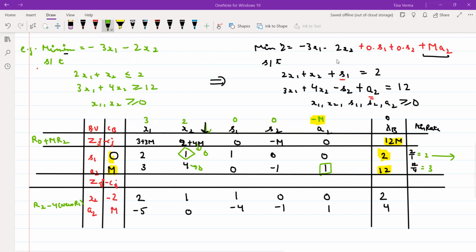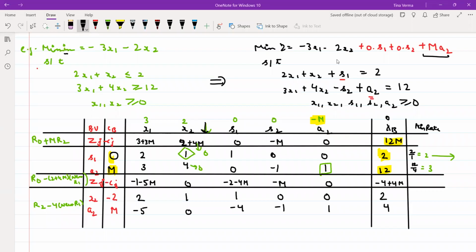So you will apply your row transformation R0 minus 2 plus 4 times M into your new R1. Is it clear? When you apply, this will become -1 minus 5M, 0, -2 minus 4M, minus M, 0. This is -4 plus 4M.